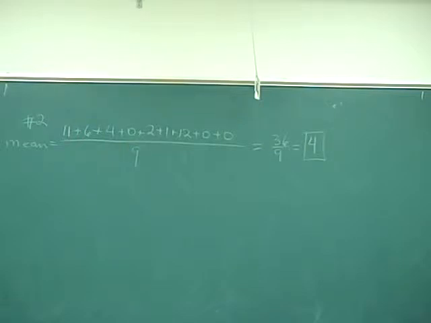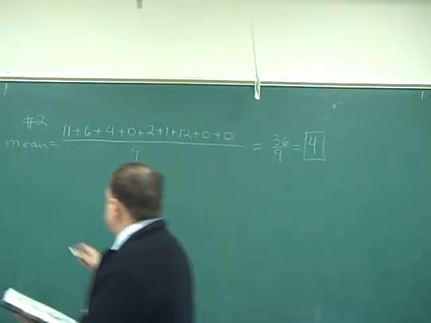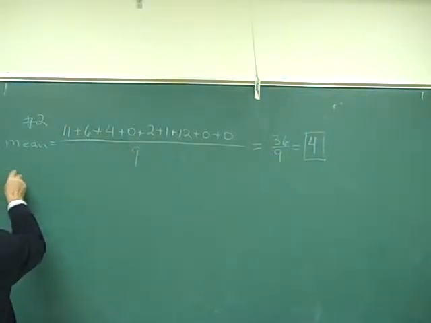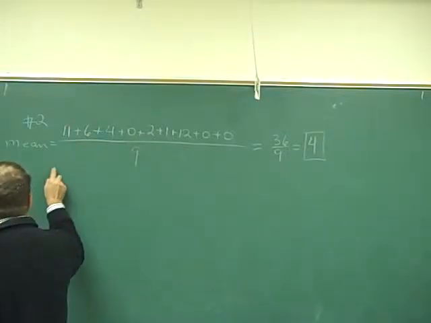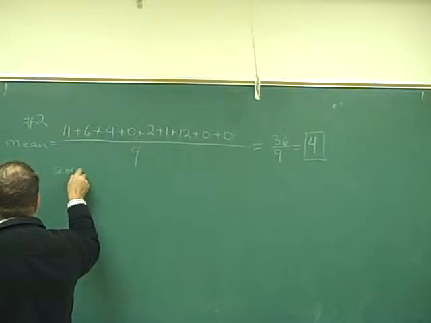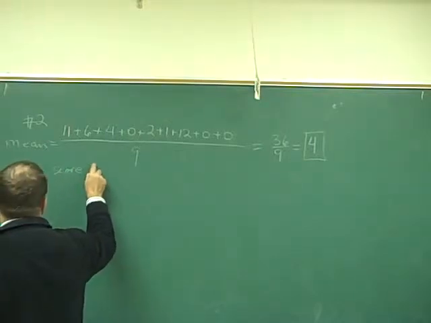And then problems 9 through 12, it says find the mean for the data items in the given frequency distribution. Now 10 is kind of deceiving because we've got a table, right? Here's our score and our frequency.